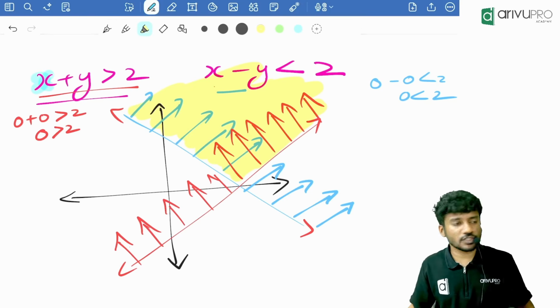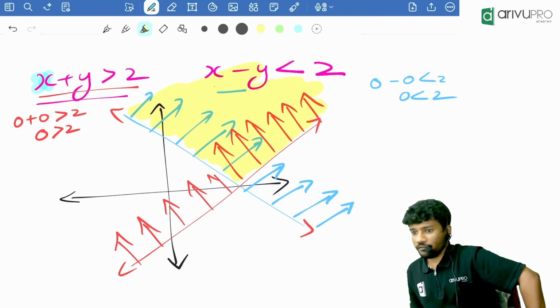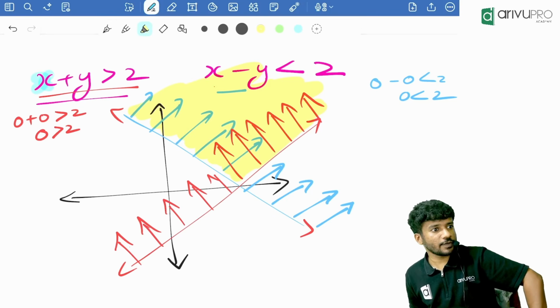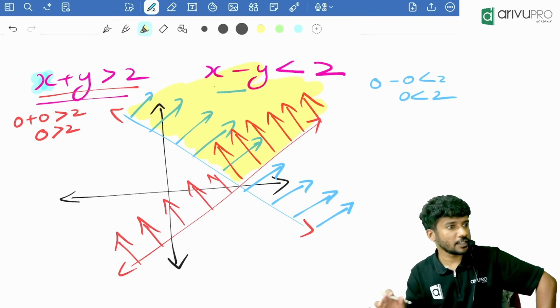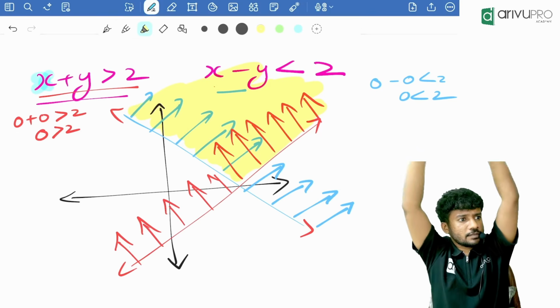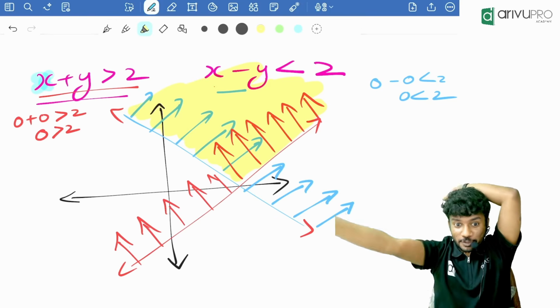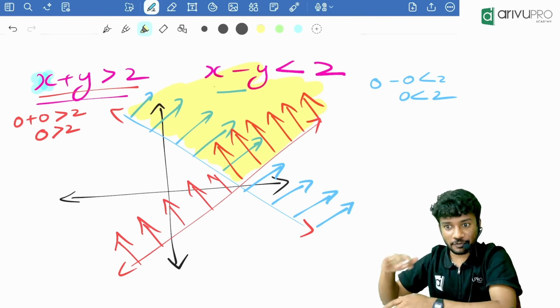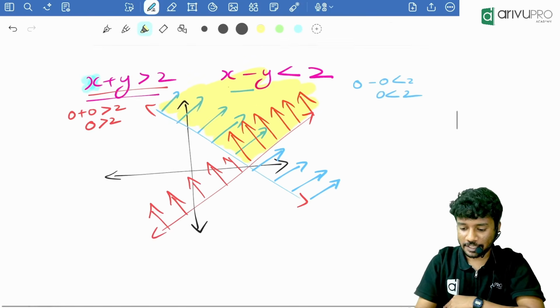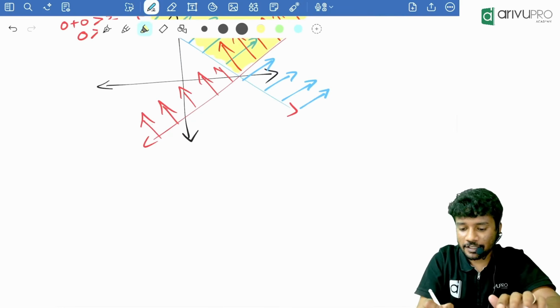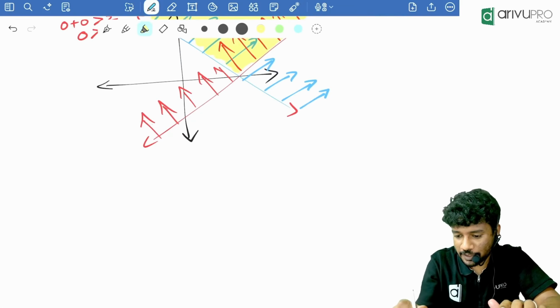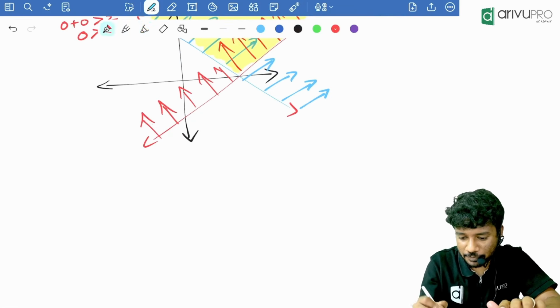Everyone got it? So two things are combined. Can I combine one more? We will increase the difficulty level step by step. Next one, I am combining three graphs together. Everyone be ready for that.